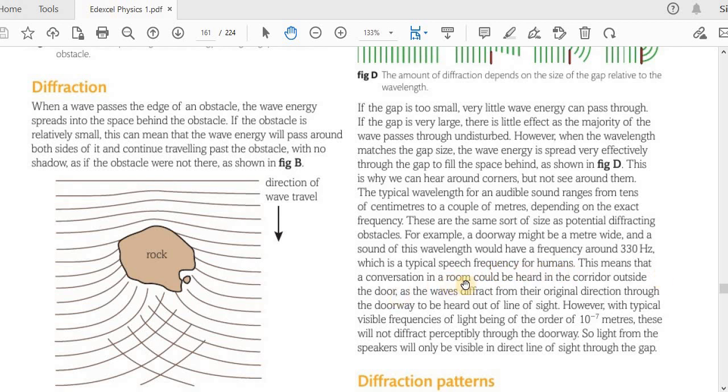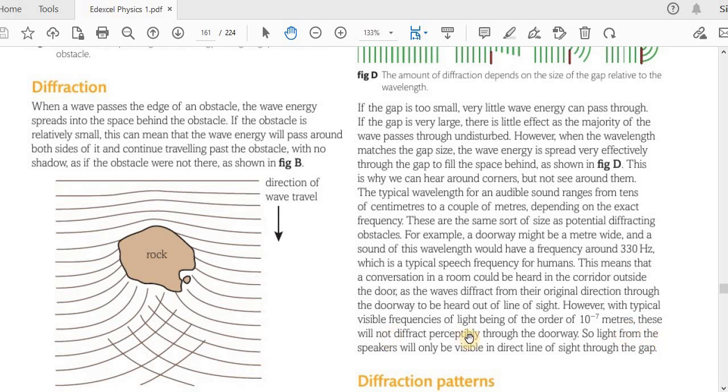This means that a conversation in a room could be heard in the corridor outside the door, as the waves diffract from their original direction through the doorway to be heard out of line of sight. However, with typical visible frequencies of light having wavelengths of the order of 10 to the power minus 7 meters, these will not diffract perceptibly through the doorway.